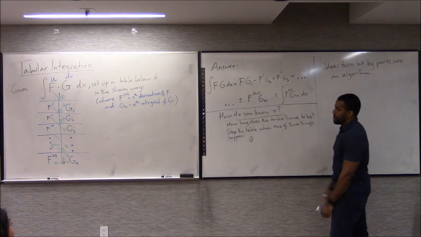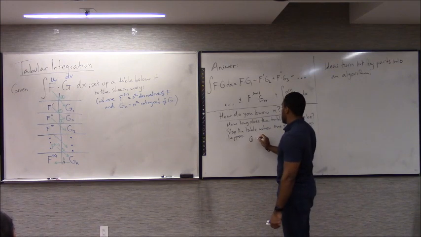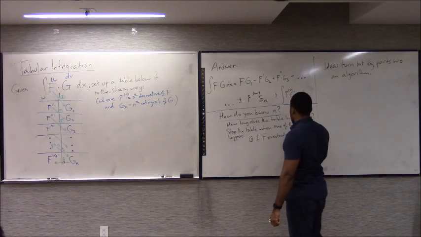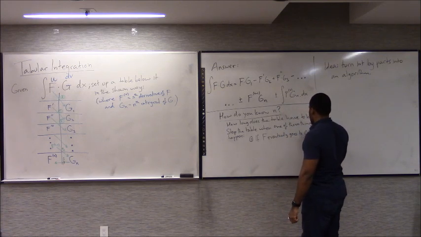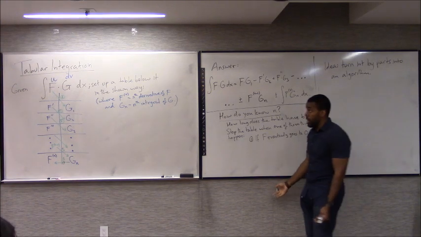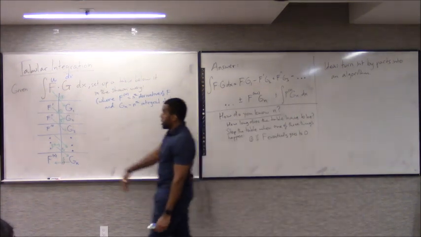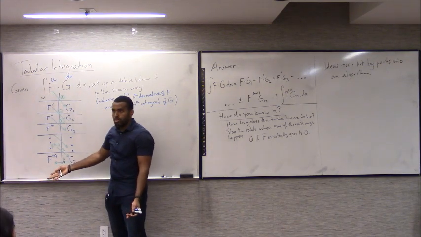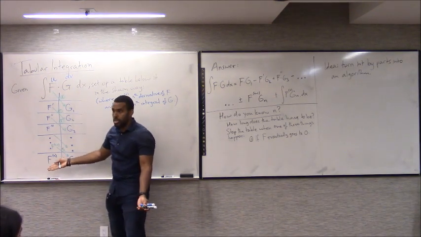One, if f eventually goes to 0. This is going to happen if your f is a polynomial. So if you start with an x to the 4th, eventually you keep differentiating that, it's going to go to 0. Stop the table at that point. That's one situation.